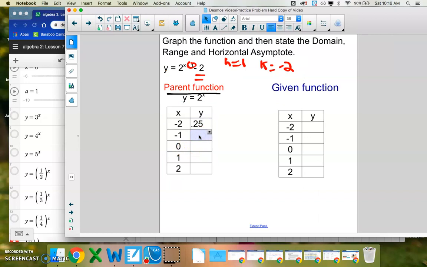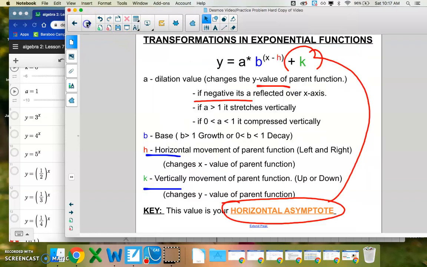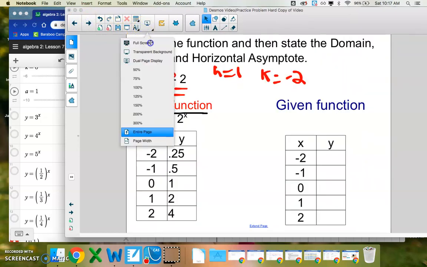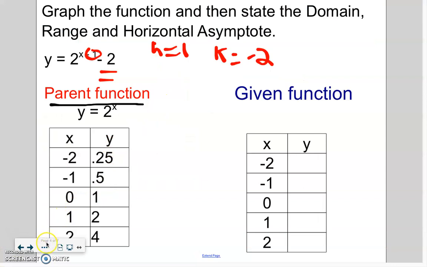And then we plug -1 in, that becomes 2 to the -1 power, so that's 1/2, so that's 0.5. And then anything to the 0 power, 2 to the 0 becomes 1. So there's my 1, there's my nice starting point. 2 to the first is then 2, and 2 squared then is 4. So currently, with my values, this would be my parent function.